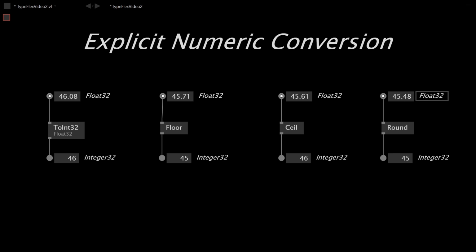And then round, which does the typical mathematical rounding behavior. When you're below half, you're lower, and when you're half and above, you go higher. Good fun. Explicit conversions will use variable amounts of performance depending on the function you call. All of these numeric ones will be pretty simple. However, something like converting to or from strings will usually require a few more instructions.